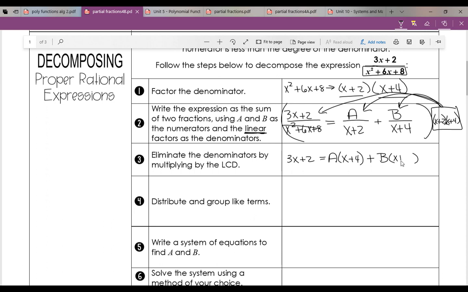The x plus 2. Now, if you look at it, it almost looks like you are multiplying A in this denominator, B in this denominator. That's actually what's happening. But we have to do it by using the common denominator because you cannot cross multiply across addition.